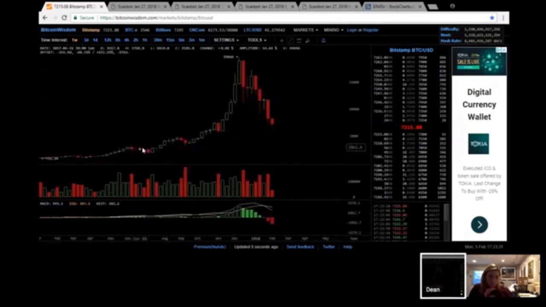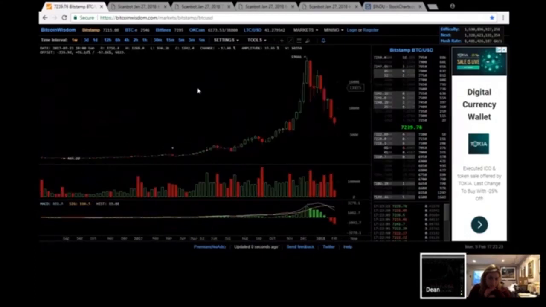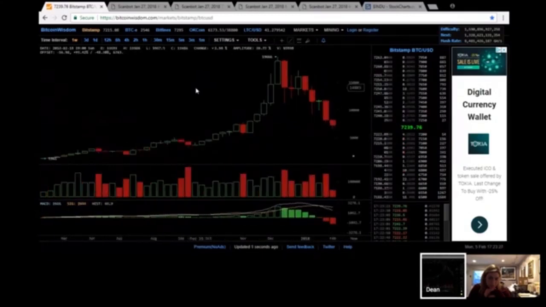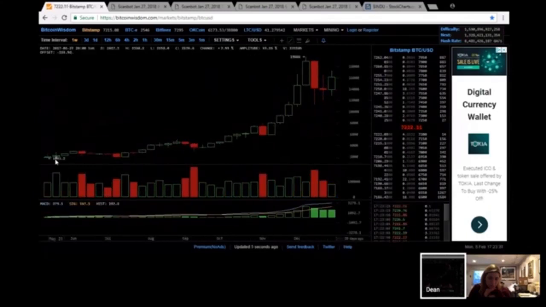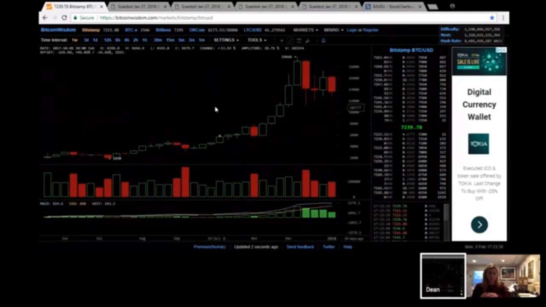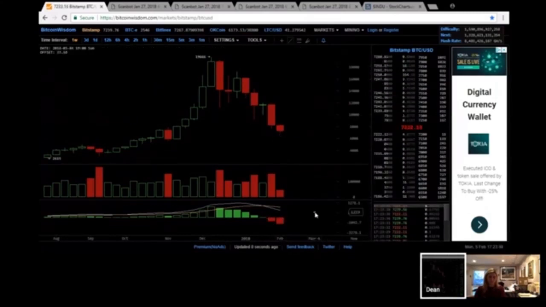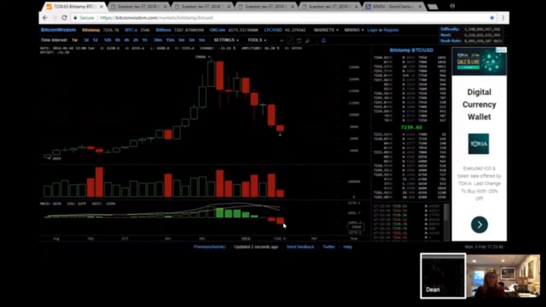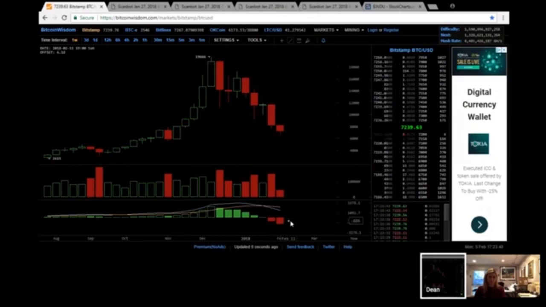But when we come back to the present, and I'll make this larger so you can see, we've moved from 1,000 to 20,000 without the MACD crossing and giving us a sell signal. And now we've only been in this for 2 weeks, a little more than a week actually, because this week has just started.